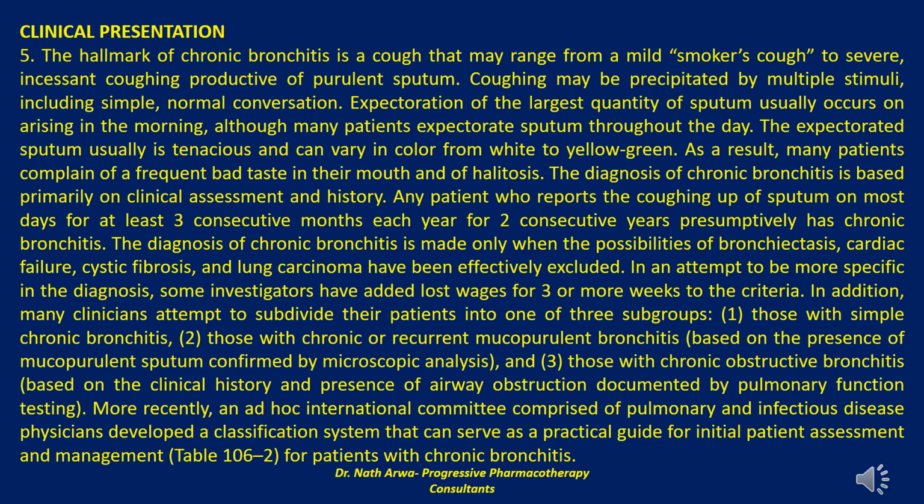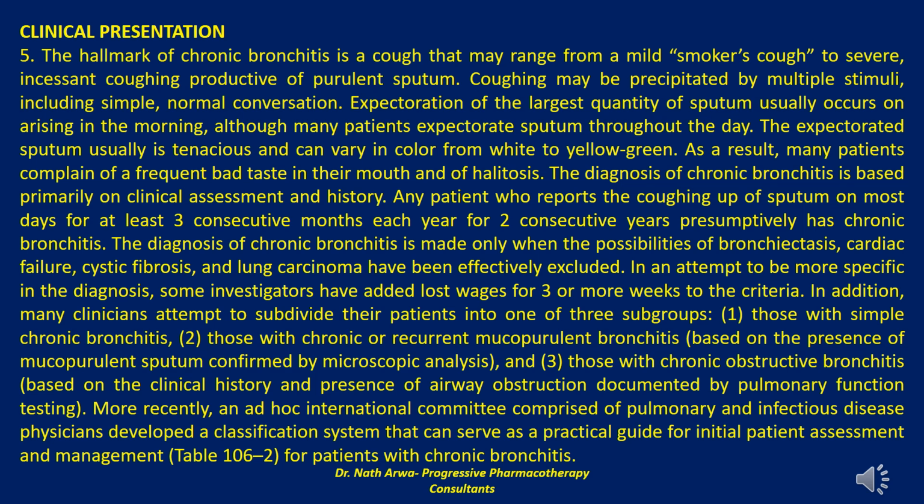The hallmark of chronic bronchitis is a cough that may range from a mild smoker's cough to severe, incessant coughing productive of purulent sputum. Coughing may be precipitated by multiple stimuli, including simple, normal conversation. Expectoration of the largest quantity of sputum usually occurs on arising in the morning, although many patients expectorate sputum throughout the day.